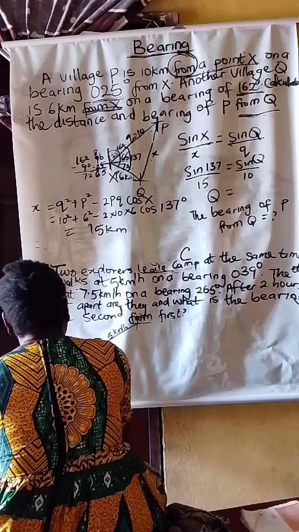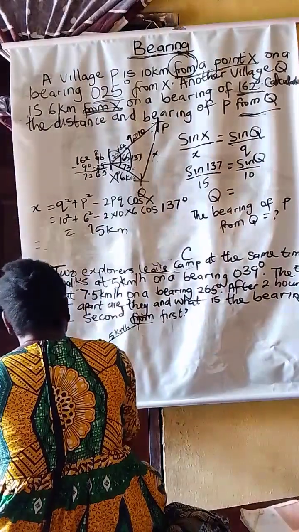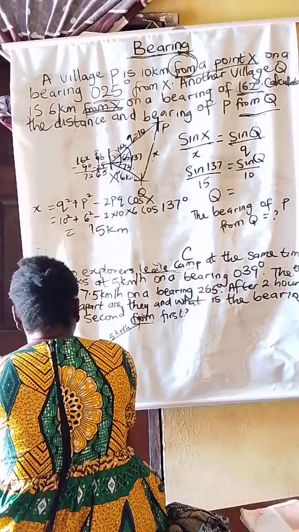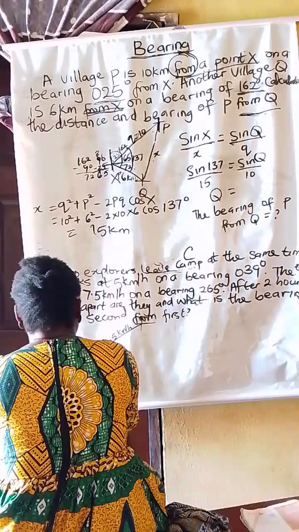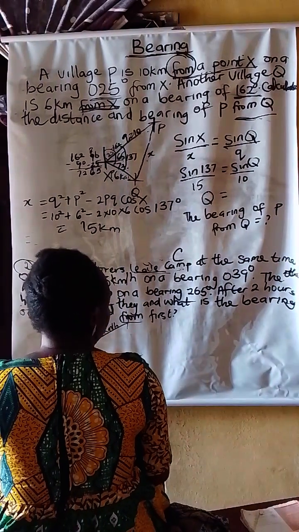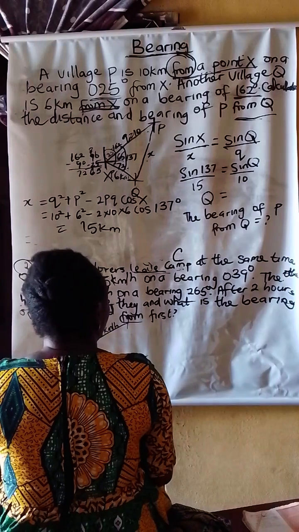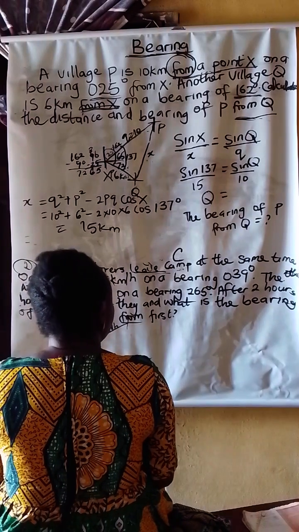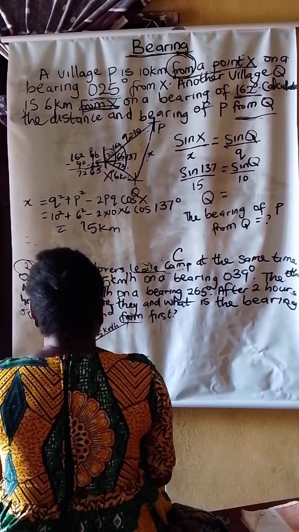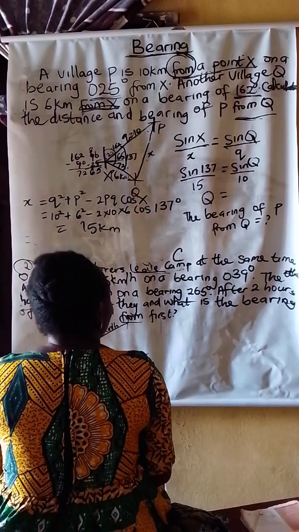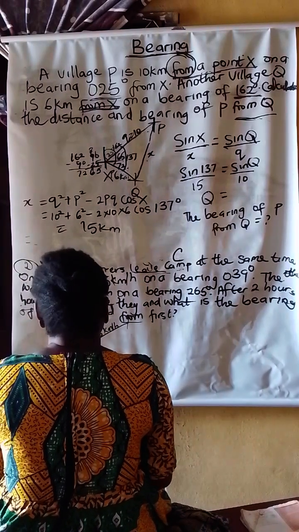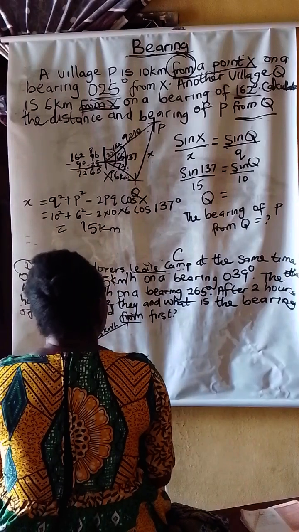So we have 7.5 kilometers per hour on a bearing of 265. Where is 265?